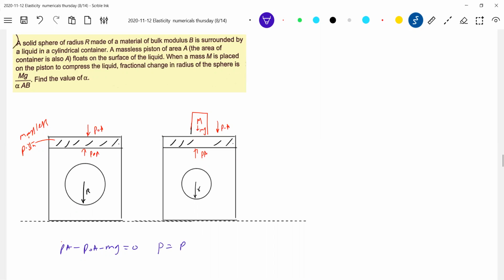So what is the expression for pressure? P naught plus mg by A. What is the increment in pressure? P minus P naught, so this should be mg by A.